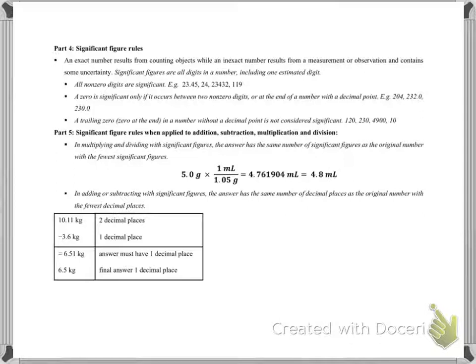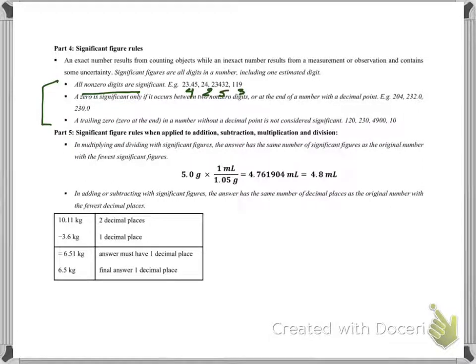So let's first understand what significant figures are. All non-zero digits are significant. So here, how many significant figures will be in this number? 4, 2, 1, 2, 3, 4, 5, and 3.